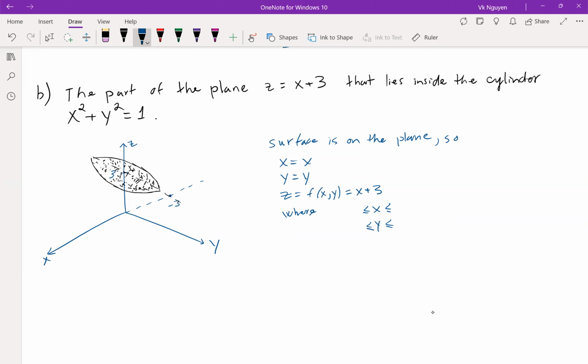Well, you have to project this onto the xy plane. If we do the projection, of course, it's going to be inside the cylinder. So it's going to be a disk of radius 1 because the surface is inside the cylinder of radius 1.